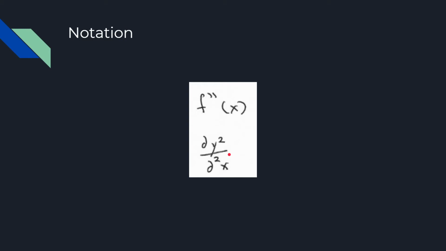Both of these are acceptable, but when we introduce the idea of the second derivative, we're also introducing the idea of the third, the fourth, the fifth, and the nth. So you can imagine that this notation kind of falls off after the third derivative, right? You really want to start to use this notation when you are dealing with, say, the 100th derivative, because you're going to take up too much space doing this sort of notation.